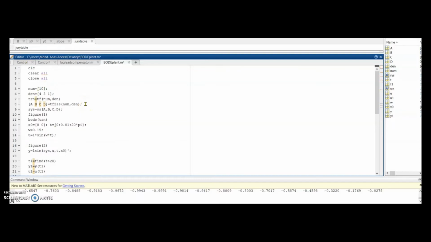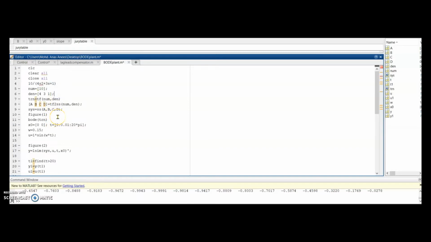So according to this, our transfer function will be 10 divided by 4s square plus 3s plus 1, where the numerator matrix is nothing but the coefficients of the numerator of the transfer function, and the denominator matrix is the matrix with coefficients of the denominator of the transfer function, that is 4, 3, 1.